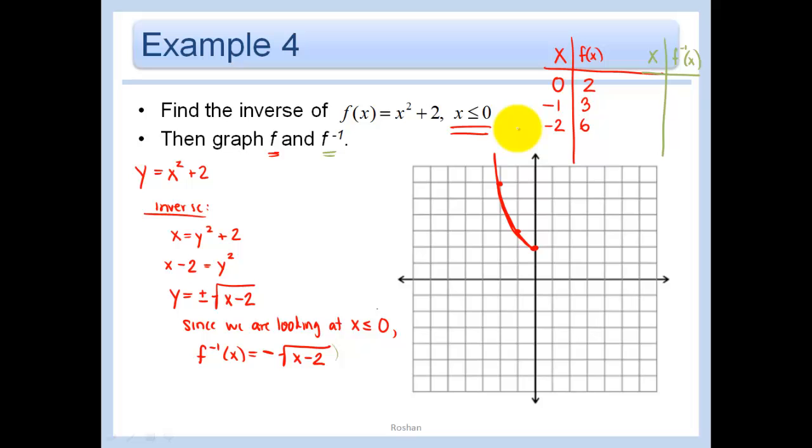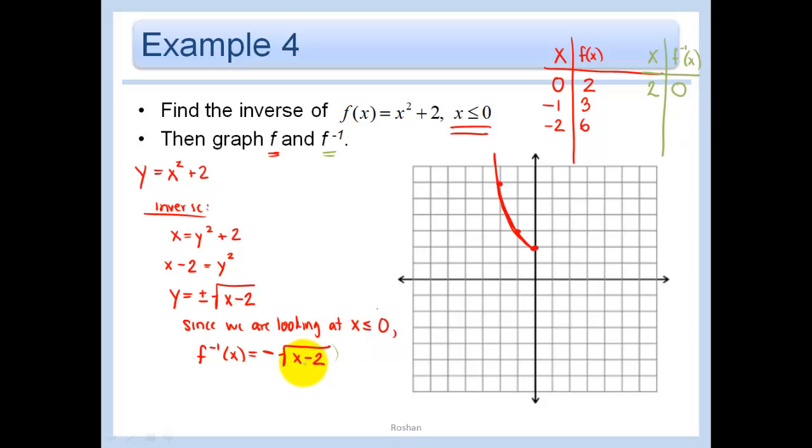And any negative x values are just not going to work. So I need some positive x values in this table. Let's think about what I might be able to use. Well, what would pop out as 0 here? If I had 2 minus 2, then I would have root 0, which is something I really like. So why don't we put in a 2 for x, and that would pop out a 0.